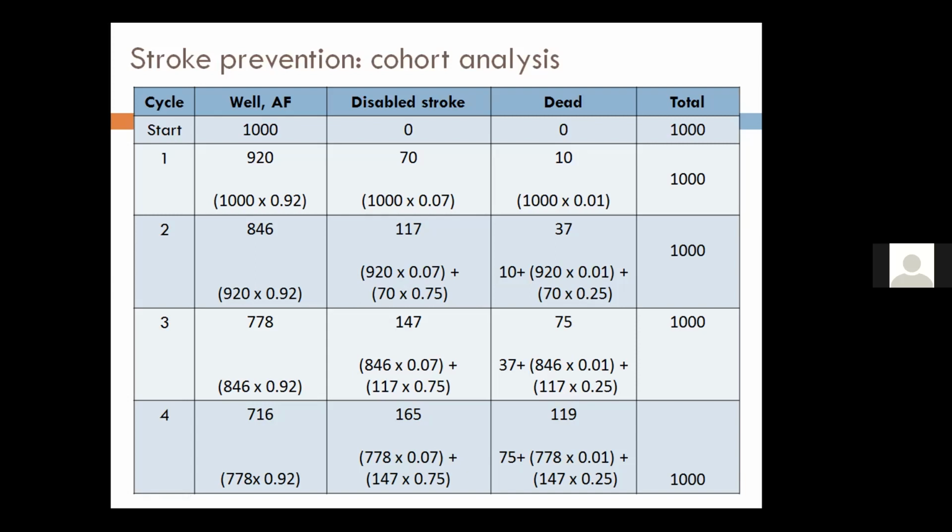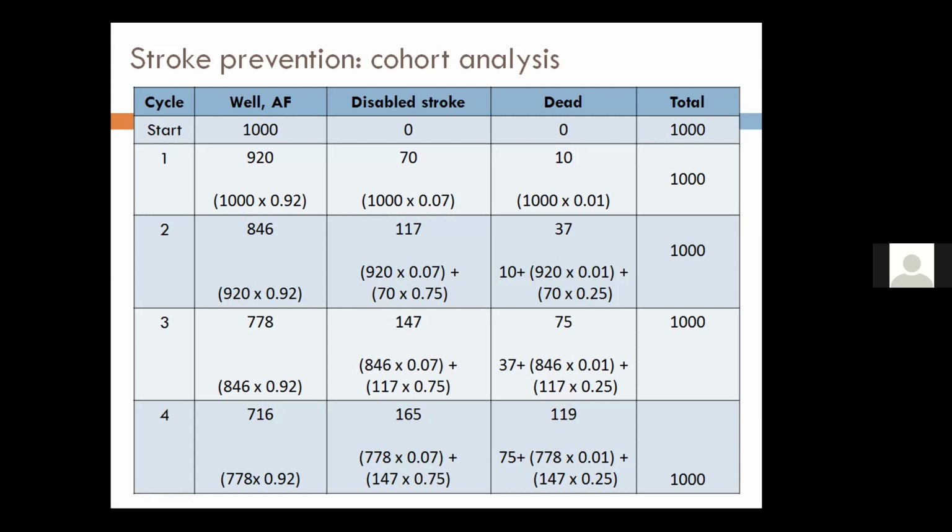From any prevalence study, you can get this data. Out of 1,000, how many will have stroke? 7% means 70 people, and also from the prevalence study you get how many people die. So 0.1, 10 people. So 70 people will be disabled and 10 people will die. Subtract this 80 from 1,000, and you get 920.